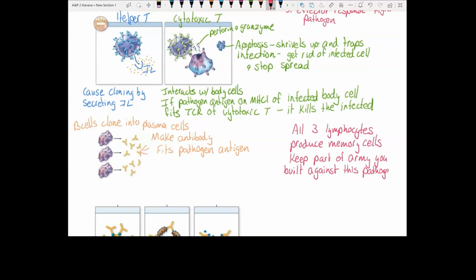That's how immunity works. You go through all the trouble to do antigen challenge, find the one that matches, you do clonal selection, you build up a whole army. Then after the infection is over, you keep some of that army. Then if this same infection comes back, you're ready to go.